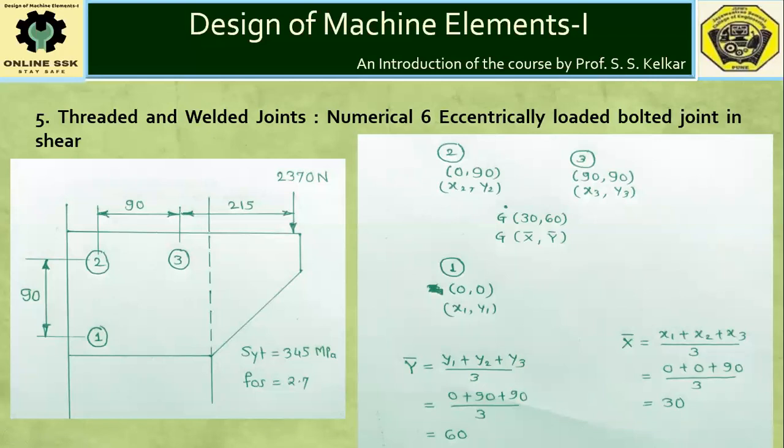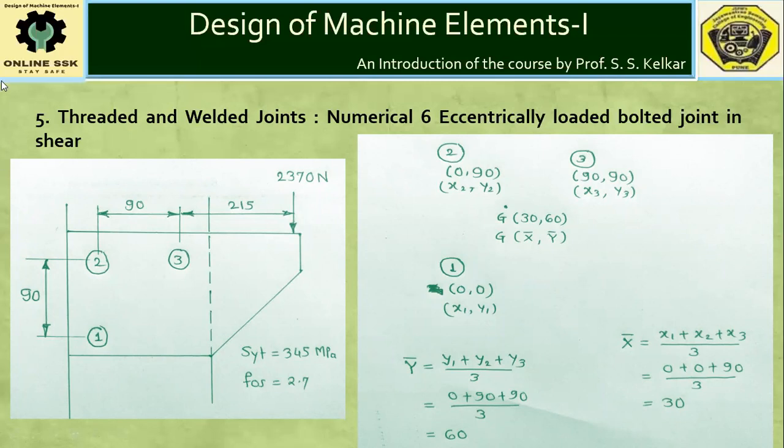Now here, as one can note, the system of bolts is not symmetric, and therefore by judgment we cannot predict the location of the center of gravity for this bolted system.